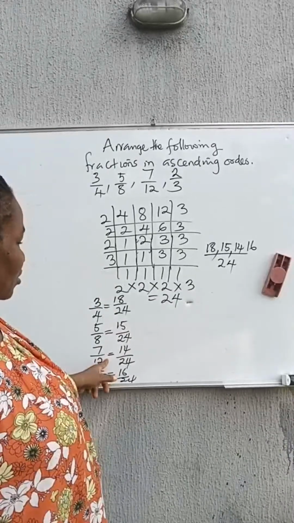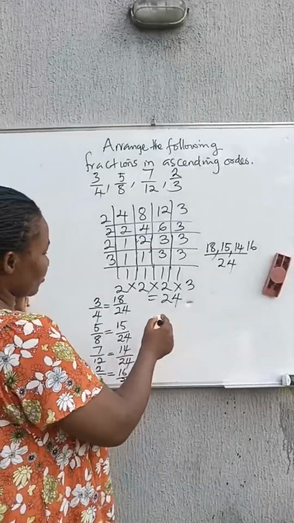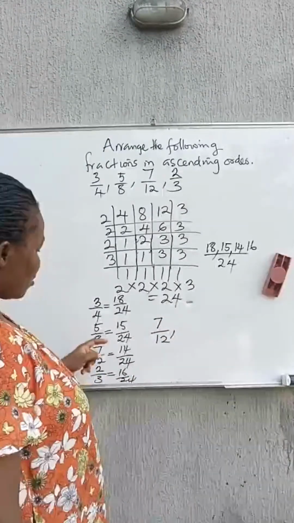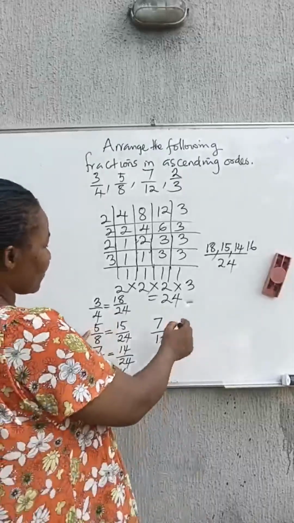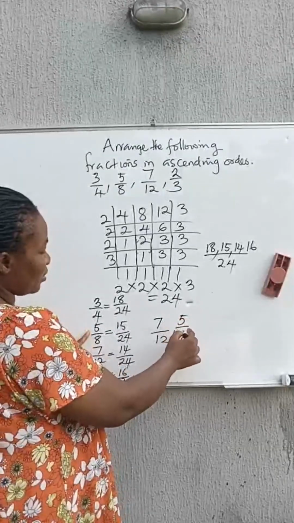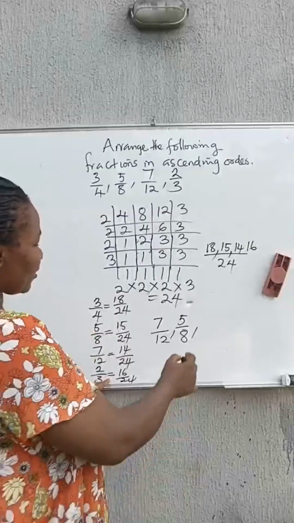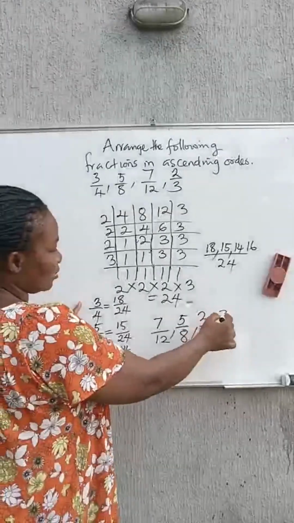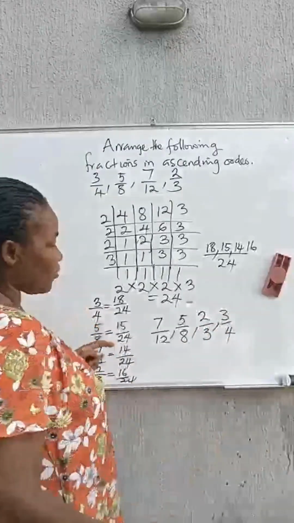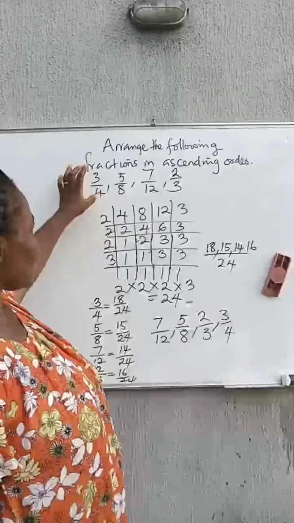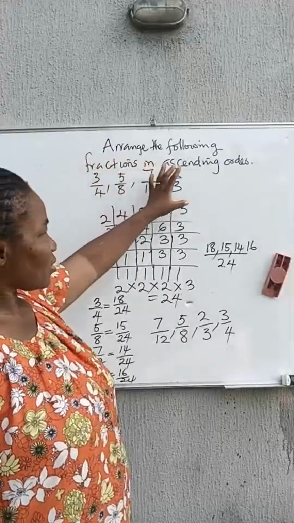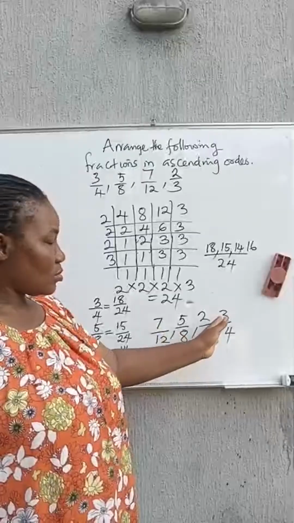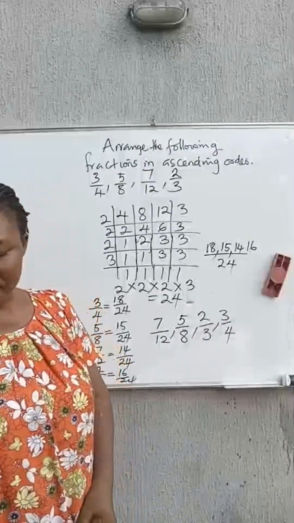The least fraction is 7 over 12, followed by 5 over 8, followed by 2 over 3, and finally 3 over 4. So we have successfully arranged these fractions in ascending order, that is from the least to the highest.